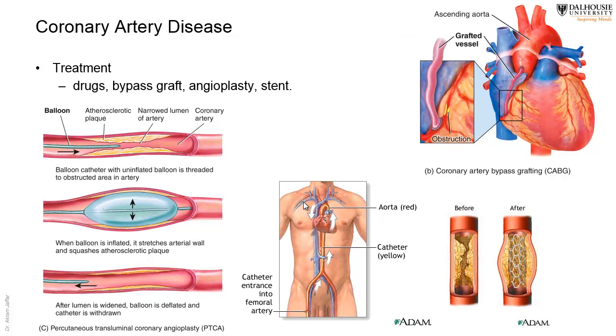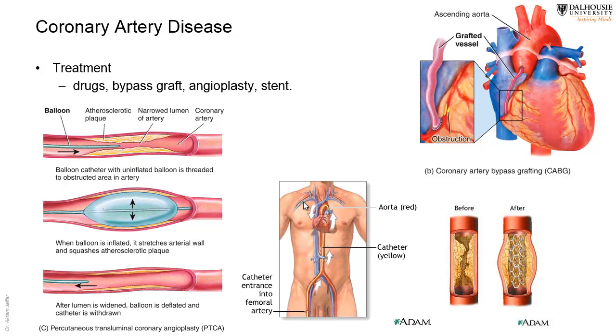And to treat these coronary artery disease, there are a lot of methods of treatment, including drugs and including what we call an angioplasty. Angioplasty here, you pass a catheter.